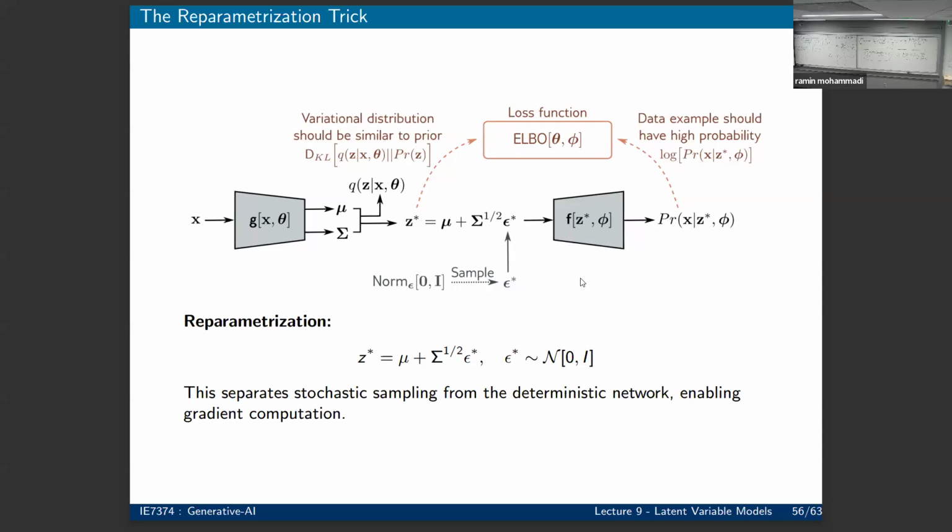Now, when you backpropagate, you just take a derivative with respect to this. The epsilon itself is a sample, but it's noise, and you don't optimize for that. You don't take backpropagation with respect to the epsilon. But this solves the problem of sampling Z, because now you have a fixed formula you can backpropagate through.